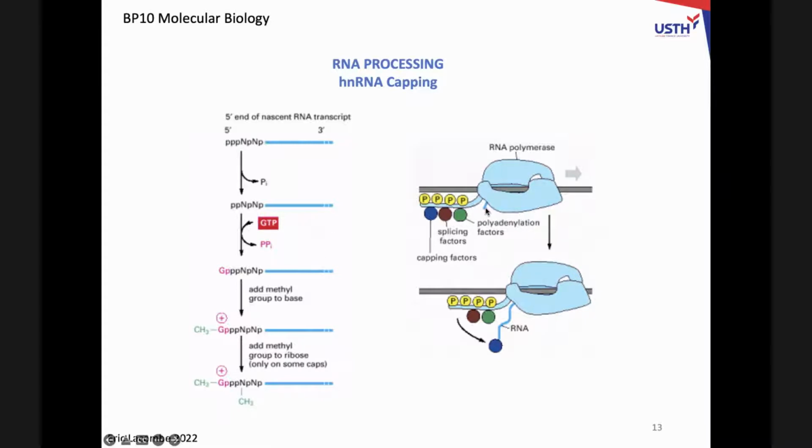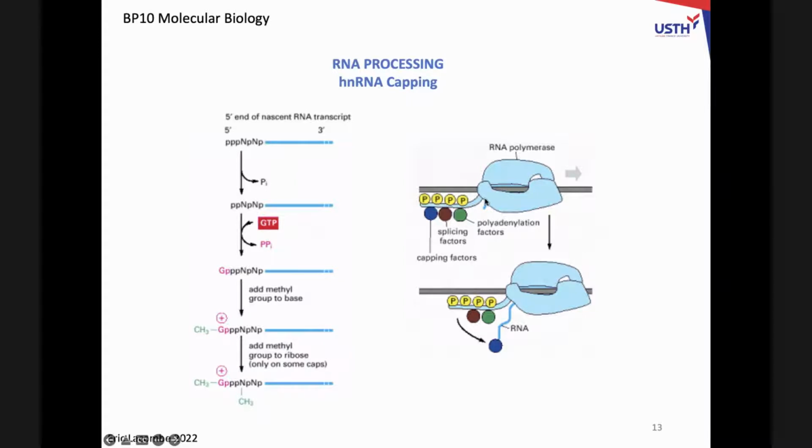So the cap, this chemical structure, needs to be added at the first nucleotides that are produced after the very beginning of transcription. The capping factors are already present just at the right place.